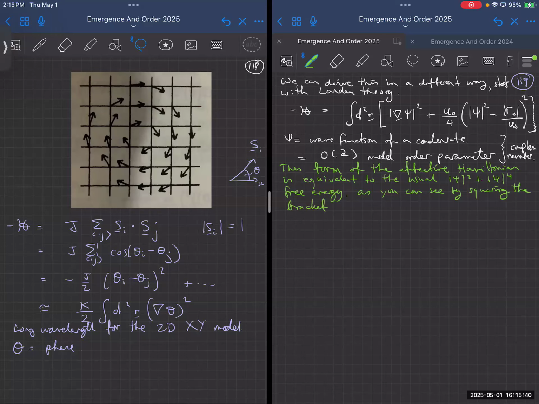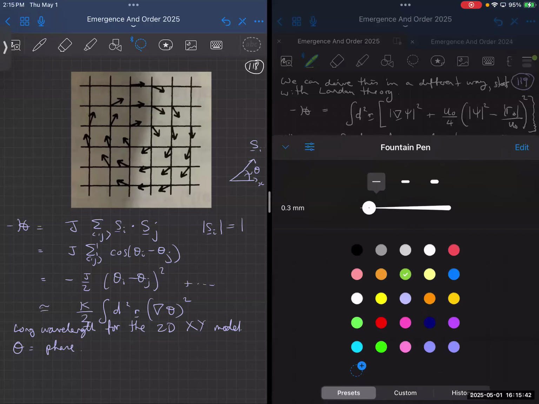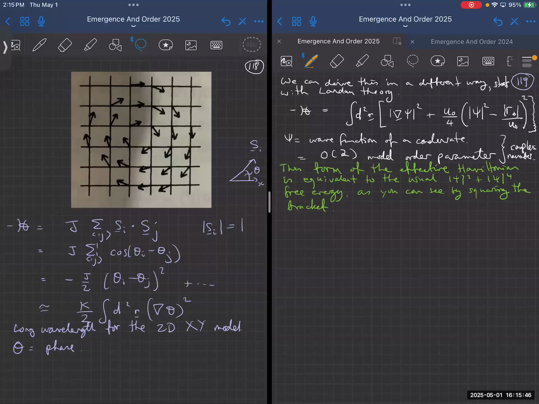Okay. So what that means is I'm going to be interested in taking this limit. So if we look at the limit of u_0 going to infinity. I don't literally mean infinity, but getting large, but at the same time, r_0 over u_0 equals fixed.